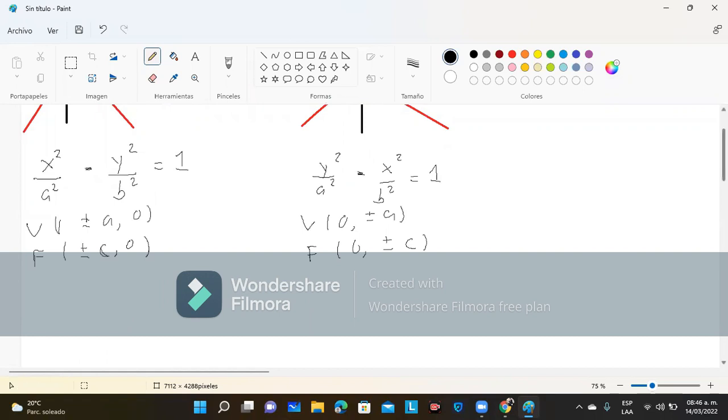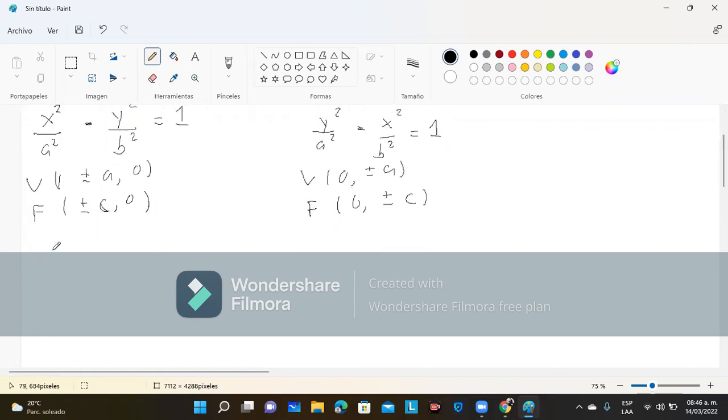Now we are going to find out what c is. In the hyperbola, c squared is equal to a squared plus b squared. This differs from the ellipse, where c squared is equal to a squared minus b squared, and a was always bigger than b.